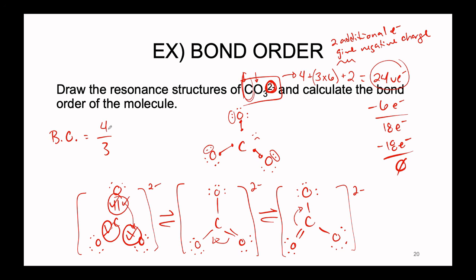This means that our carbonate anion does not contain individual single and double bonds, but rather each bond is identical with a magnitude of around 1 1/3. So the bonding strength is going to be greater than that of a single bond, but less than that of a double bond. And similarly, the bonding distance is going to be shorter than a single, but still longer than a double. We're somewhere around 1 1/3.